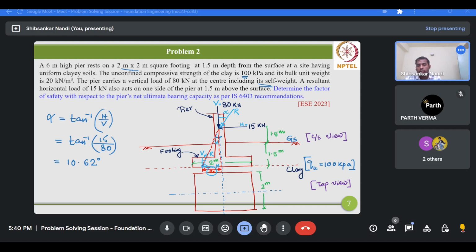We need to calculate its base, Ex, and we know this angle. So tan alpha would be Ex divided by 1.5 plus 1.5, that means Ex divided by 3. So from this equation we can easily calculate Ex as 3 times tan alpha, that means 3 times tan 10.62 degree, 0.56 meter.